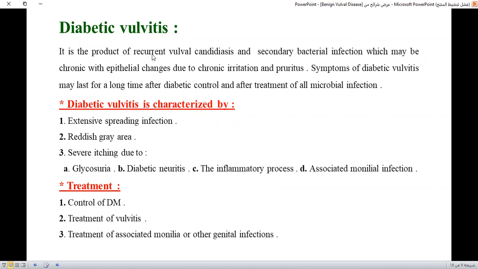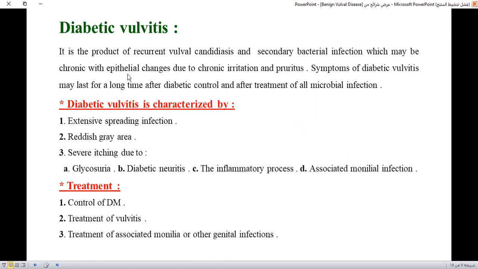It is a product of recurrent vulval candidiasis and secondary bacterial infection, may be chronic with epithelial changes due to chronic irritation and pruritus. Symptoms of diabetic vulvitis may last for a long time after diabetic control and after treatment of all microbial infection.